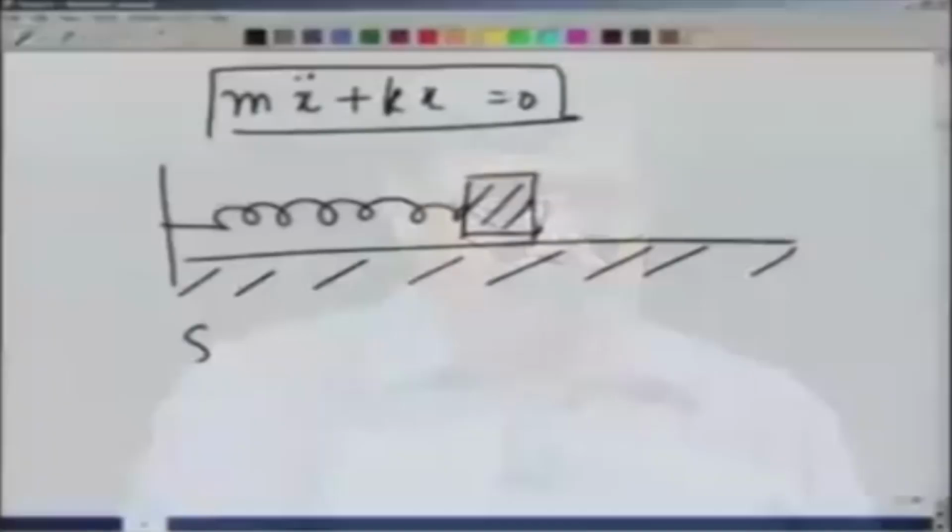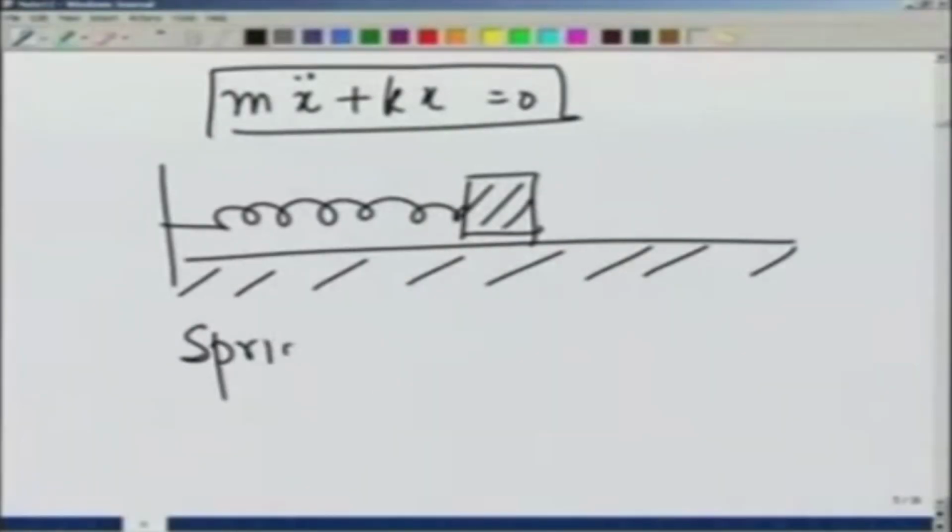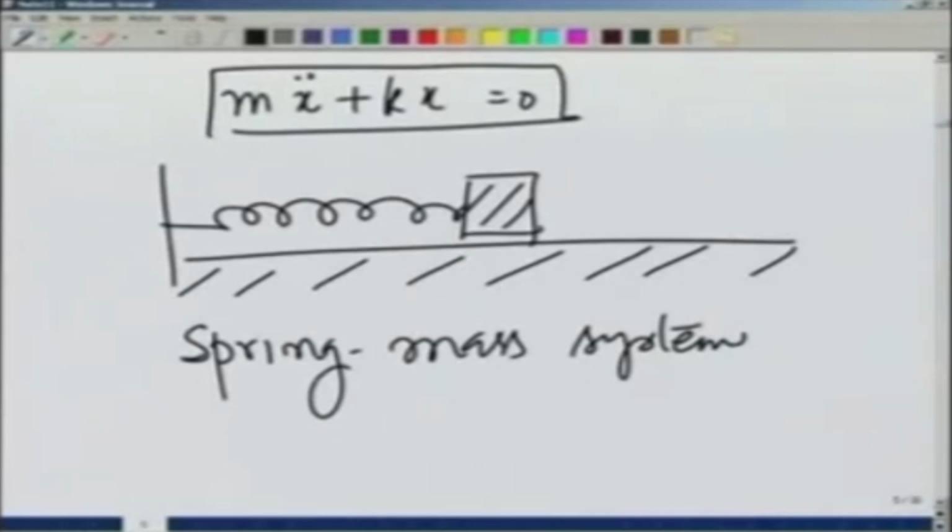So the prototype of simple harmonic motion is going to be a spring mass system, with mass m and a spring constant k, and you can already see that there are many examples where I can apply this as the first form of approximation to the real motion.